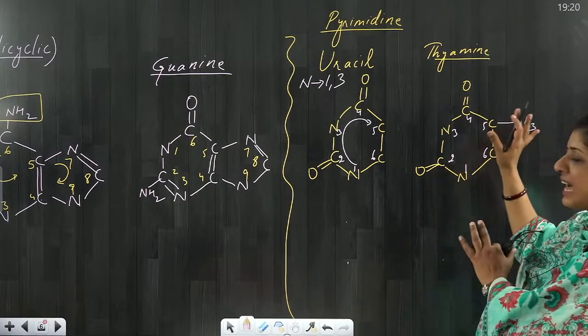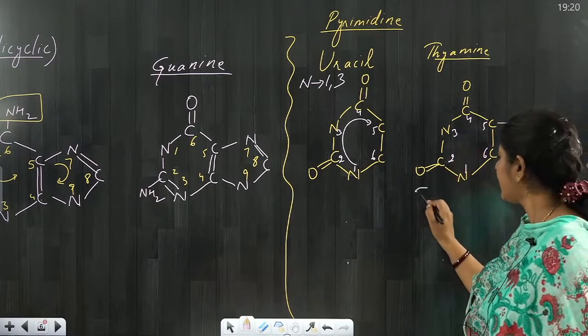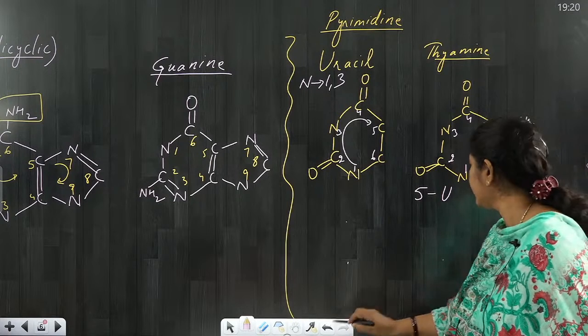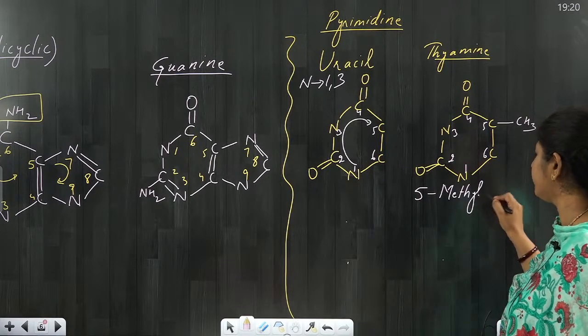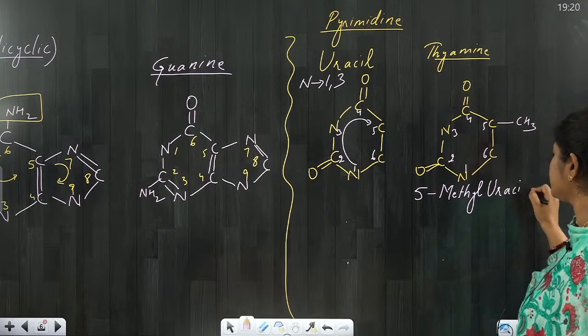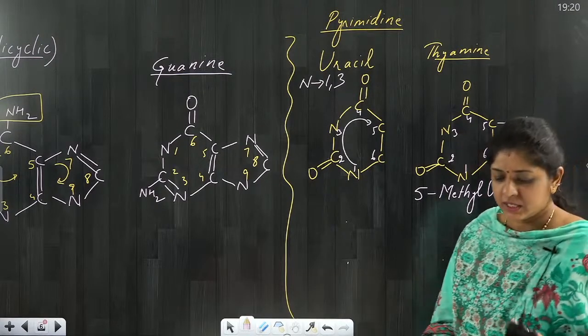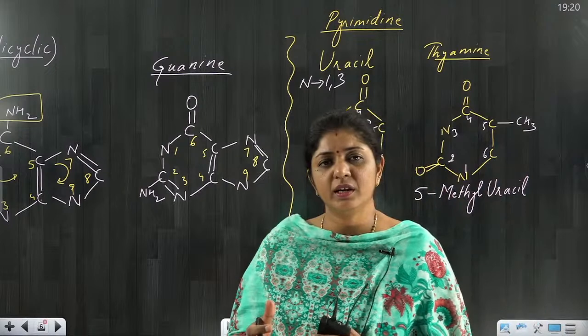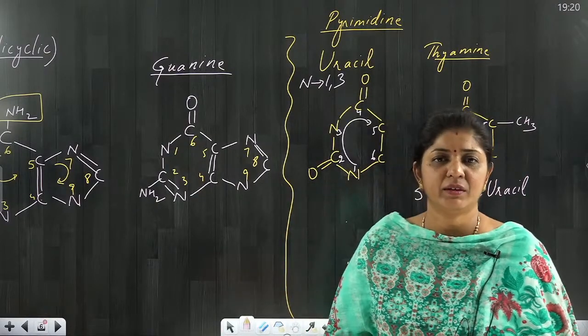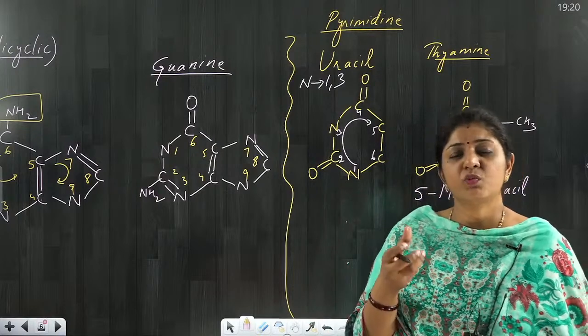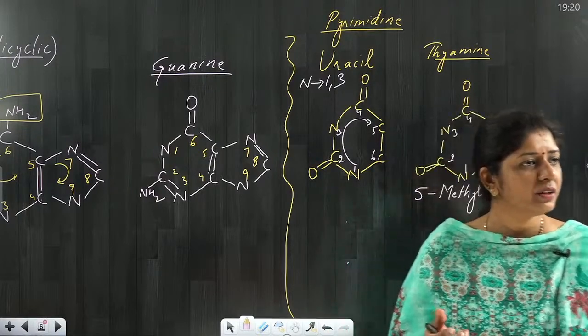I can call thymine 5-methyl uracil. What can I call it? 5-methyl uracil. It never means 5-methyl uracil is uracil. No, 5-methyl uracil is thymine. Keep that in your mind. This is a very important thing.